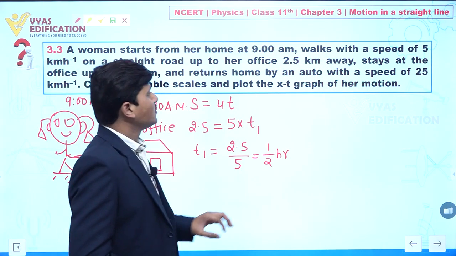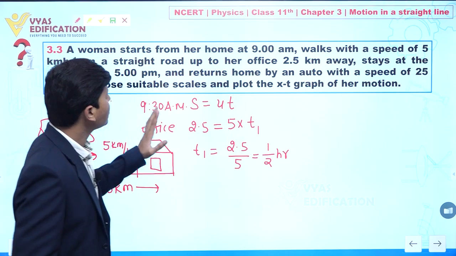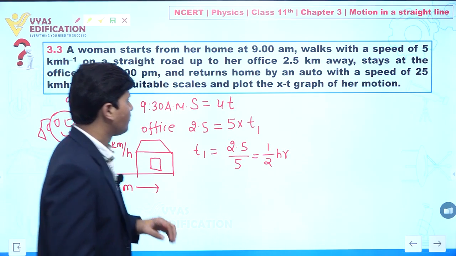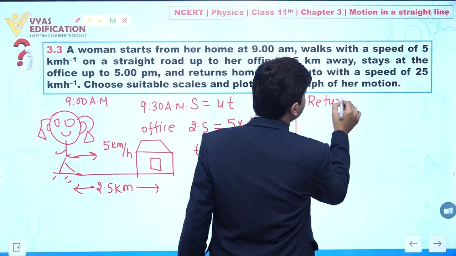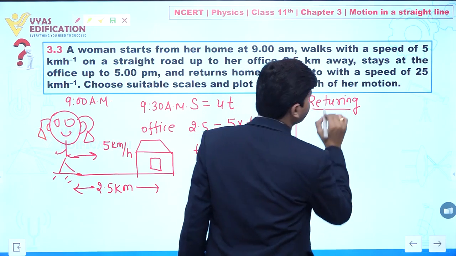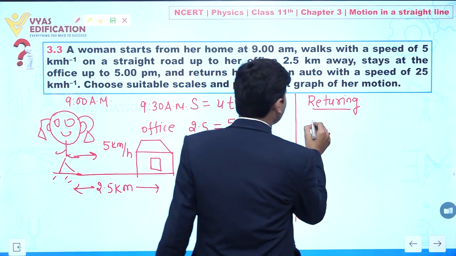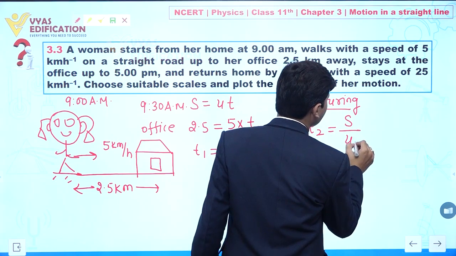Now she stays up to 5 pm in the office, and after that returns home by an auto with a speed of 25 km per hour. Now let's consider her returning journey. In the returning journey the total time taken we can calculate like this: t2 equals S over u2.